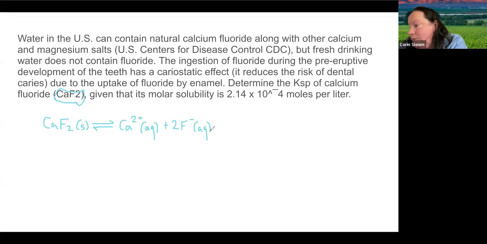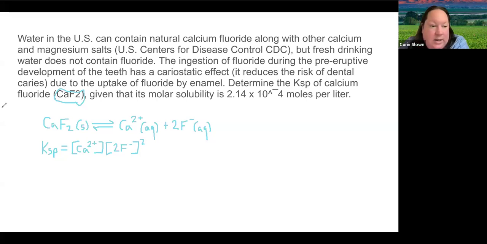Okay, so that means that our KSP, or our solubility constant, is going to be square brackets because that represents concentration, Ca2 plus, and 2F minus squared.